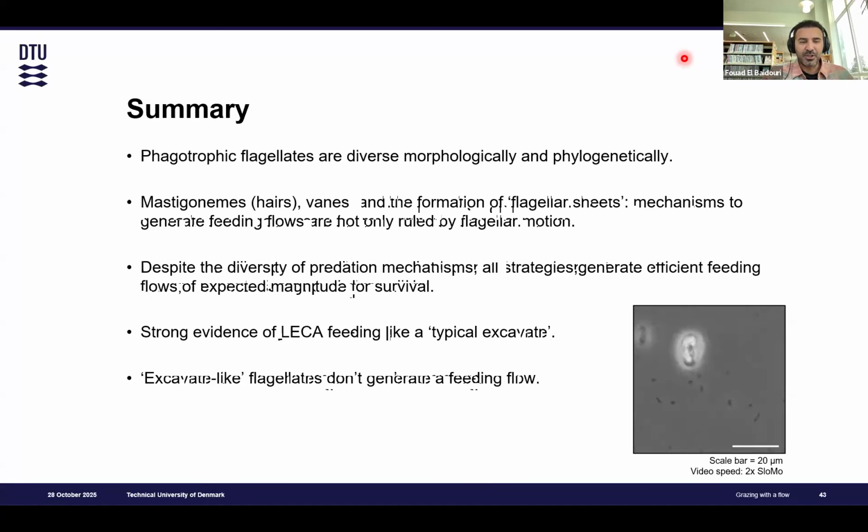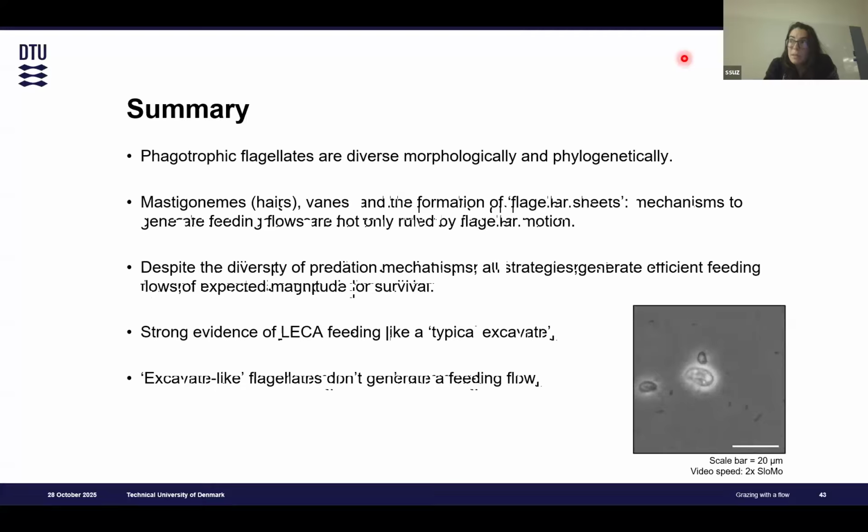I'm tempted to ask another question, I know it's at the edge of your work, but it's regarding LICA. So you know how much I like LICA. This means that LICA was a complex cell, which is not very surprising, that probably had typical excavate behavior or a flagellum. Do you think it had some appendage or flagellum that helped it feed mostly on bacteria, or something that could do the same behavior as this one, feeding on other LICA-like populations or other similar eukaryotic cells?